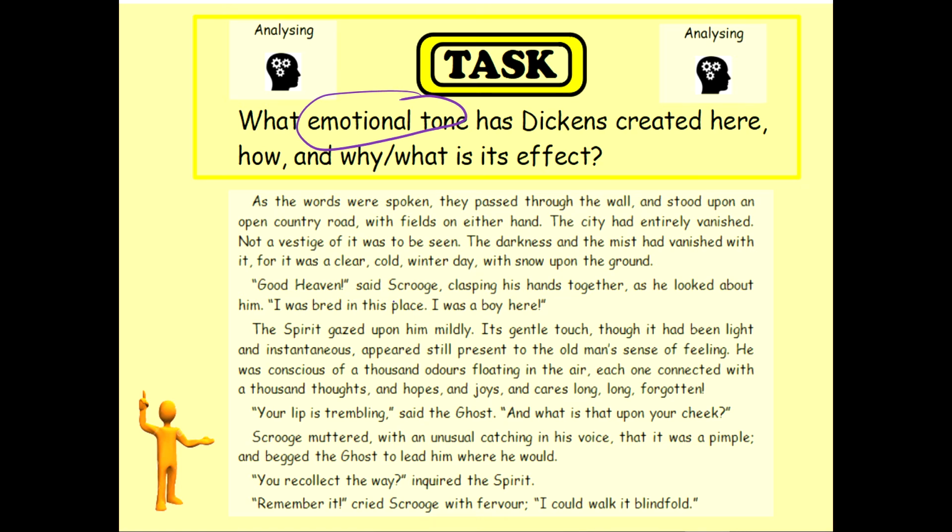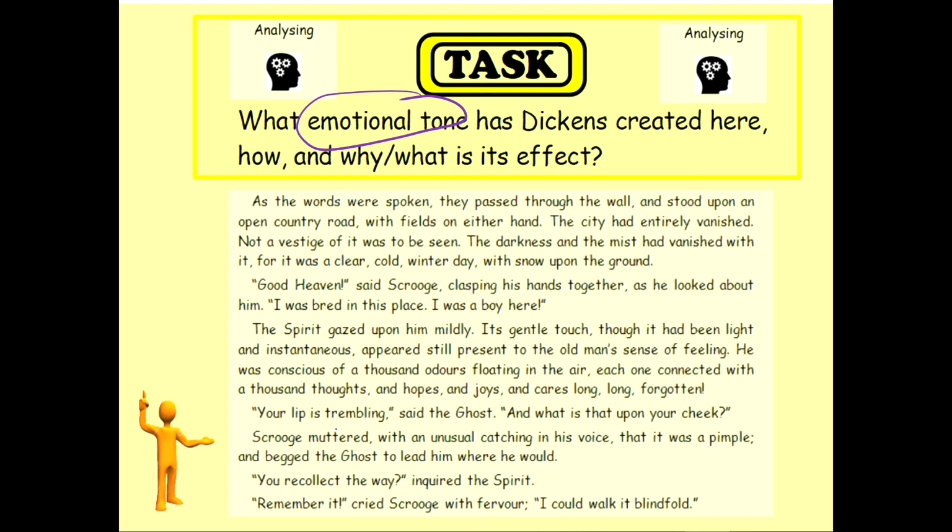I was bred in this place. I was a boy here. The spirit gazed upon him mildly. Its gentle touch, though it had been light and instantaneous, appeared still present to the old man's sense of feeling. He was conscious of 1,000 odours floating through the air, each one connected with 1,000 thoughts and hopes and joys and cares long, long forgotten.